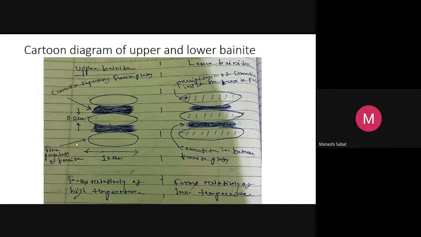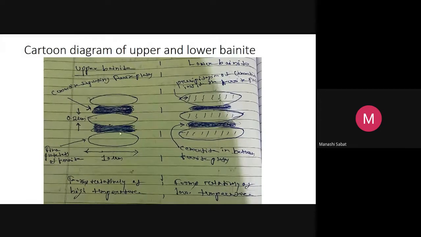So now you can see the difference between upper bainite and lower bainite. The distribution of cementite will decide whether it is an upper bainite or a lower bainite. You can see it is a sandwich-like structure, right? Because the cementite particles have precipitated in between the plates of ferrite.